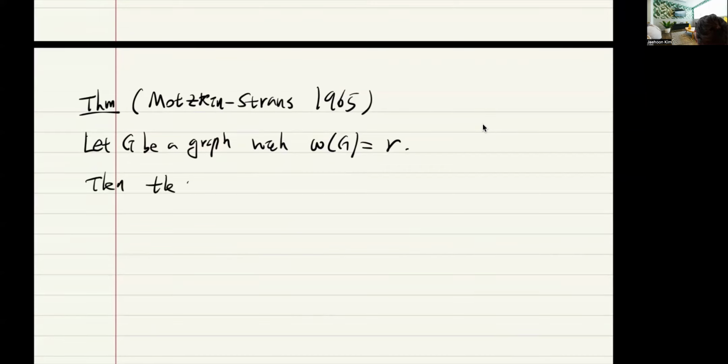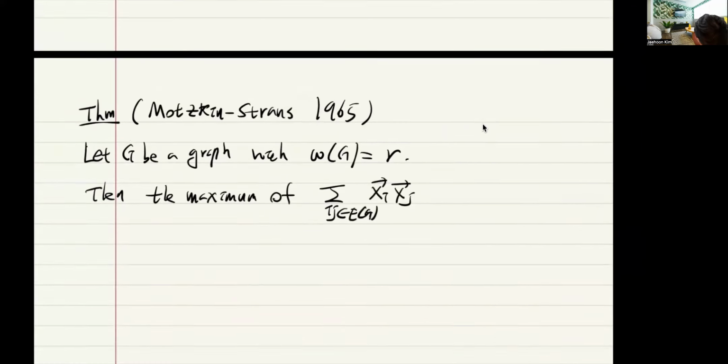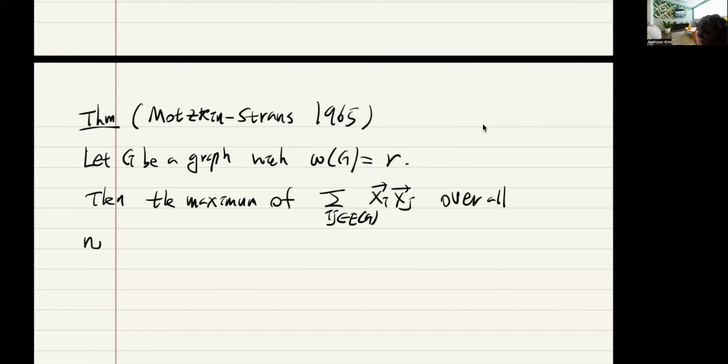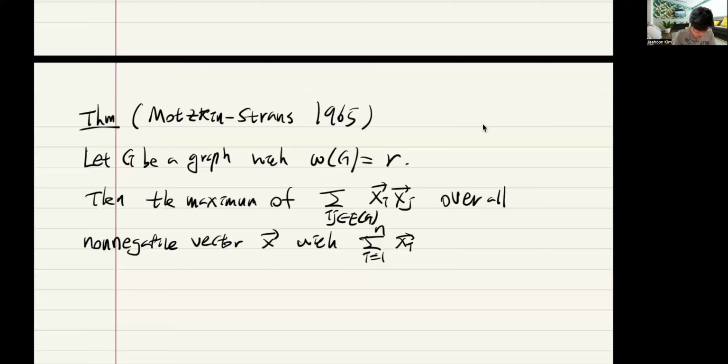Then the maximum over this expression, the sum over edges ij of x_i x_j, over all non-negative vectors x with the summation of its entries being 1, is this expression, half times 1 minus 1 over r.